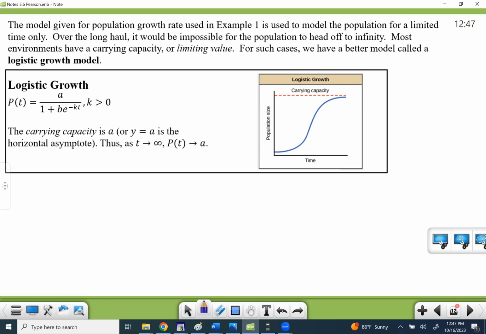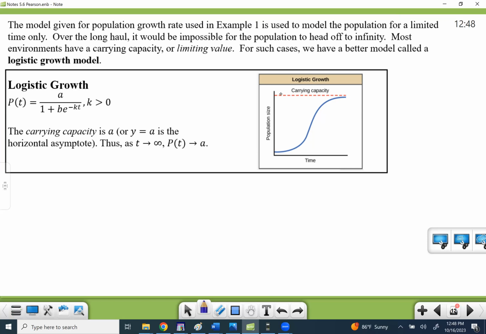The difference between the two is that this one stops and starts to flatten out. It has a horizontal asymptote. So logistic growth is actually a more realistic model quite often because populations can't head off to infinity. All populations, their environment has a carrying capacity. And so that's what this shows.